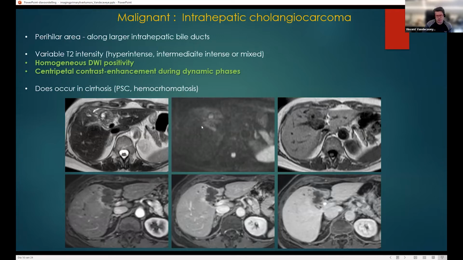It is not that apparent on diffusion-weighted imaging, but that is because of the mucinous content. But look at the typical enhancement pattern. We have a peripheral enhancement, and then very slowly, the contrast will diffuse to the center of the tumor. And this is the typical image of a cholangiocarcinoma, diffusion of the contrast into the fibrous stroma that is in the center.